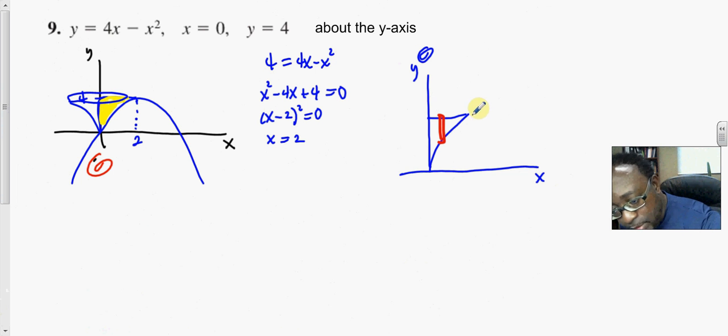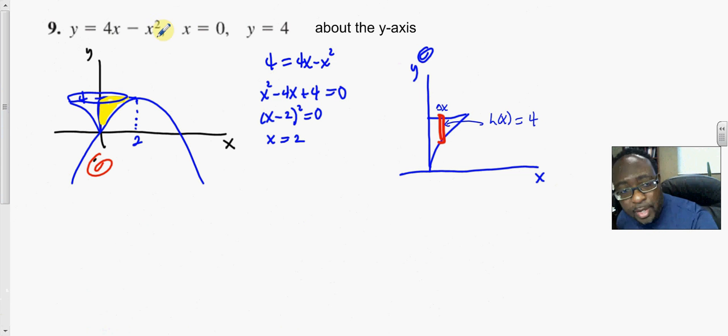The height of this solid, this is dx, so it's h of x. The height is this line here, which was 4, minus the curve.